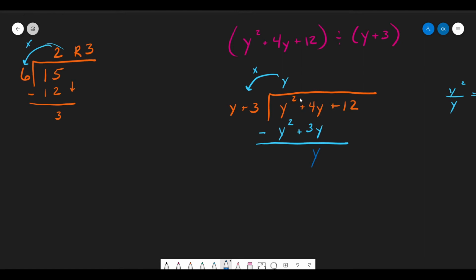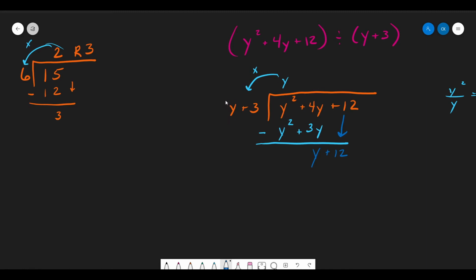Then, just like I said over here, if there was a term, I would drop it down. Well, I have a term here, so I'm going to take this plus 12 and drop it down. And now I'm going to do the exact same thing over. First term here, first term here.